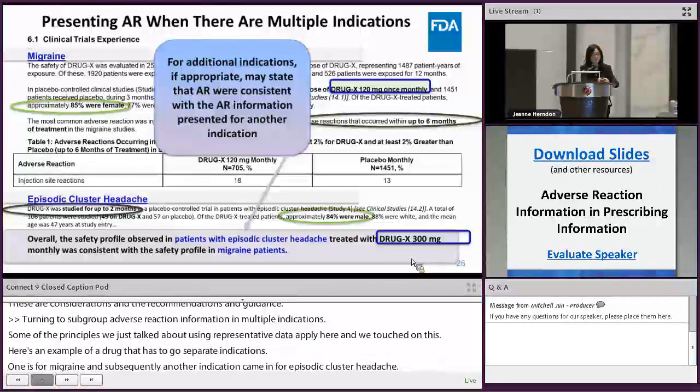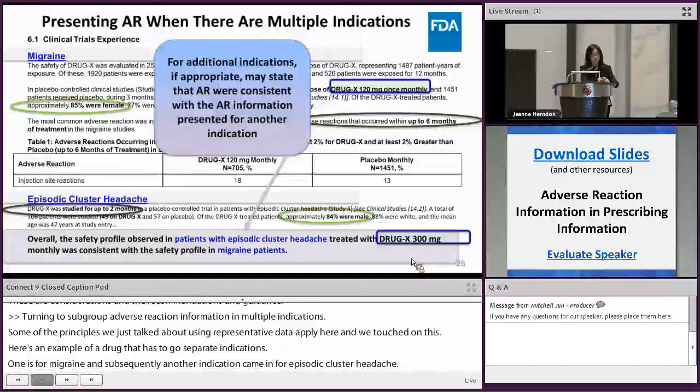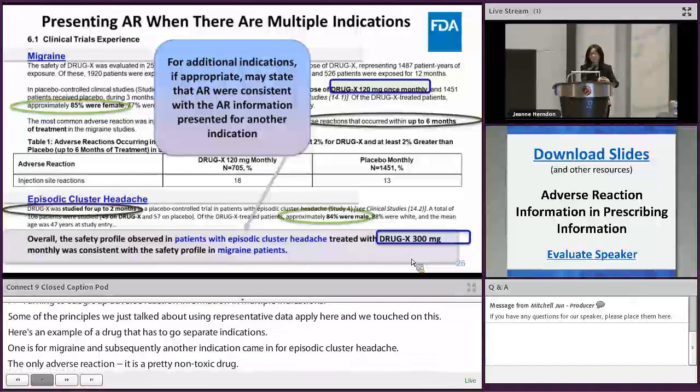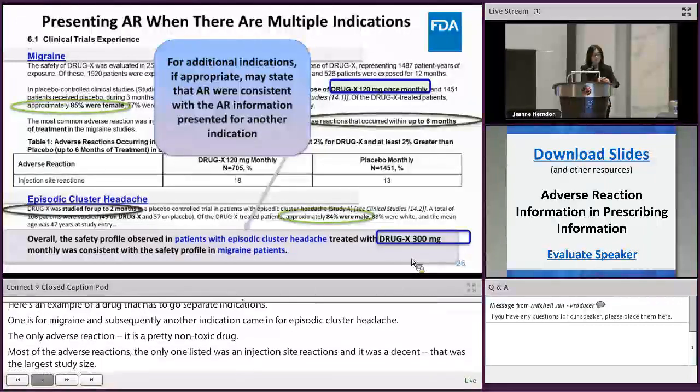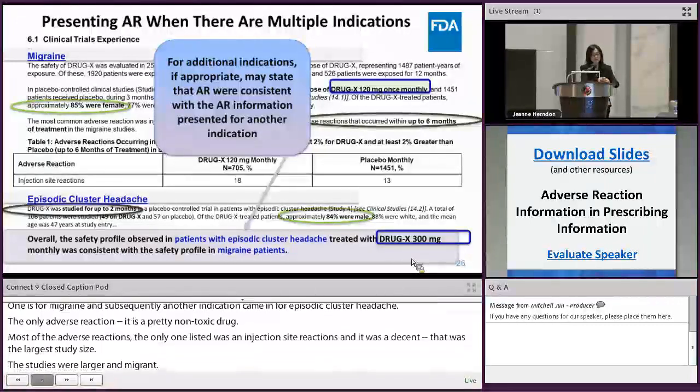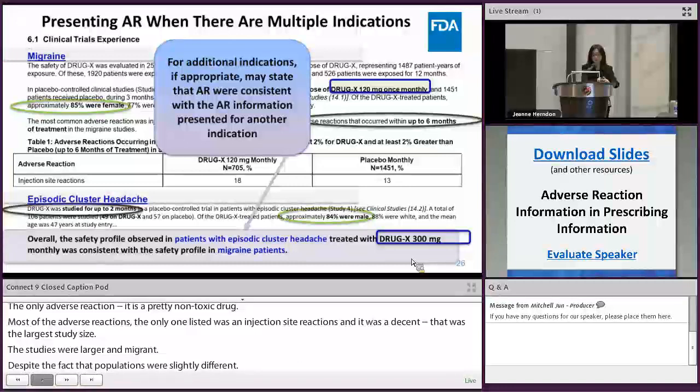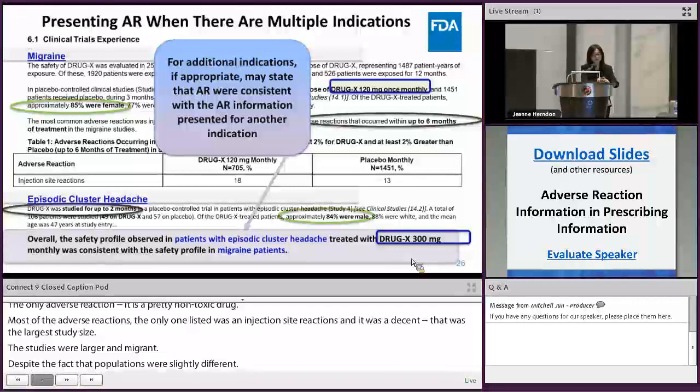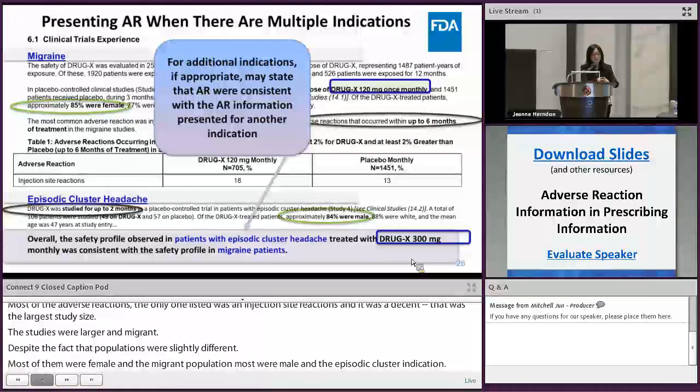Of the adverse reactions, the only one listed was injection site reactions. And so it was decided, and that was the largest study size, the studies were larger in migraine. So despite the fact that the populations were slightly different, most of them were female in the migraine population, most were male in the episodic cluster indication. And the drug dose was also different, 120 milligrams once monthly compared to more than twice that, 300 a month. And also a different duration, 6 months for migraine and 2 months for episodic cluster headache.